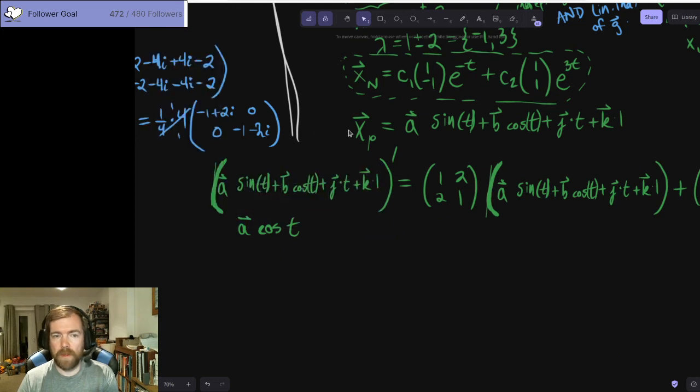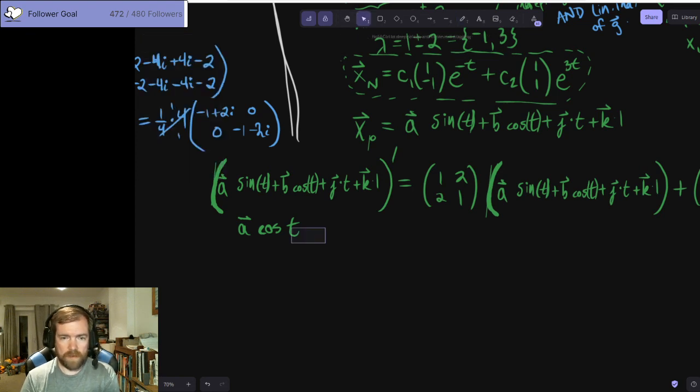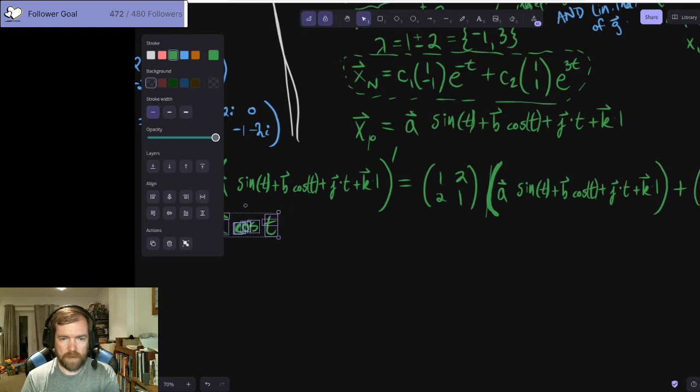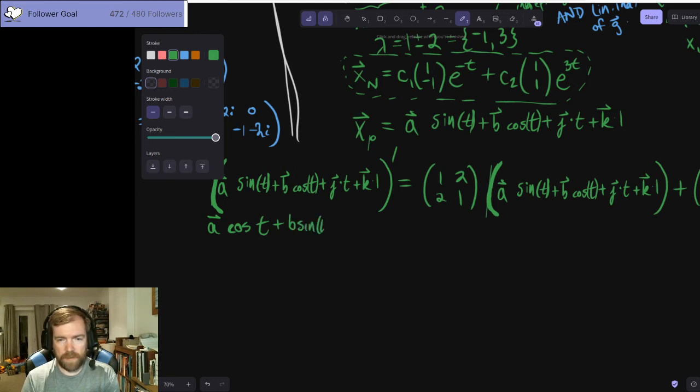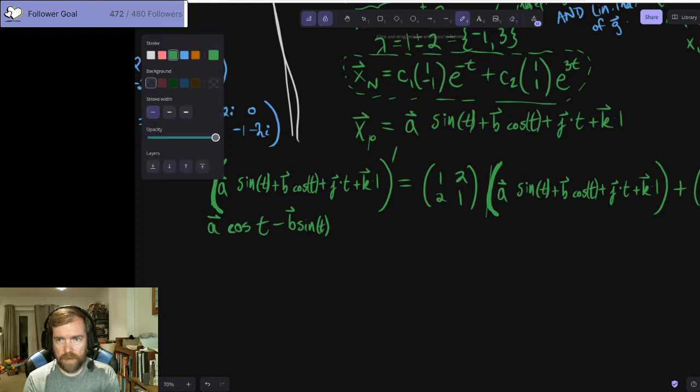So this is going to be a cosine t plus a minus b sine of t, and then plus j times 1.